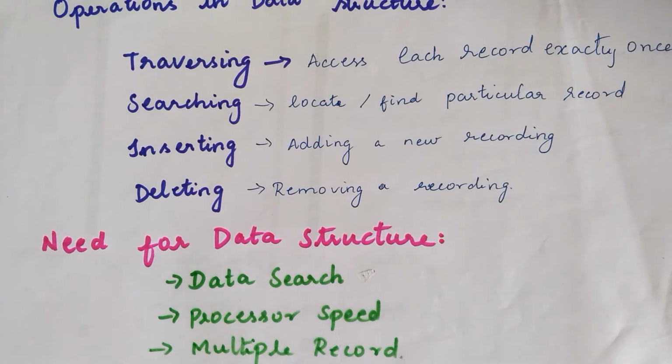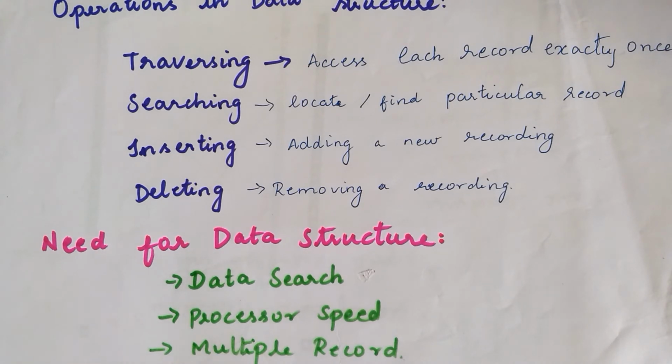The first one is data search. Let us assume that we have millions and millions of records, and we have to search a particular piece of data from these records. It may slow down your system, or it may even hang your system. To overcome this problem, data structure is used to search easily.